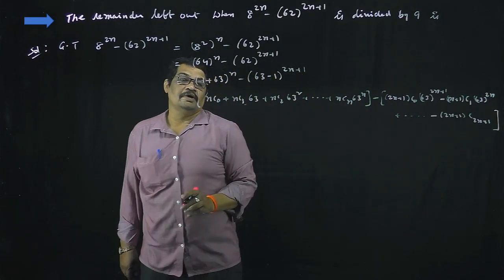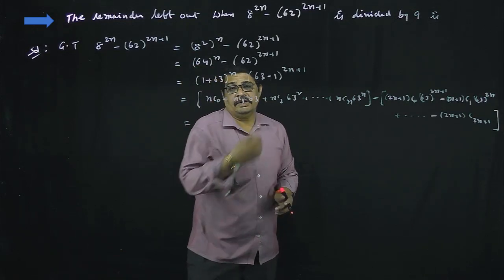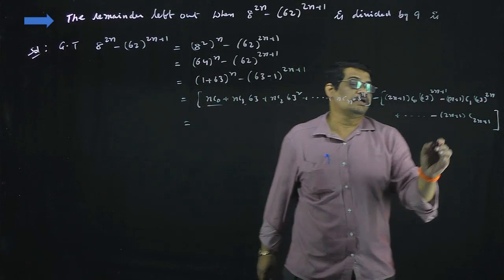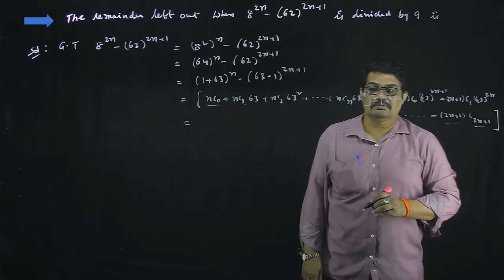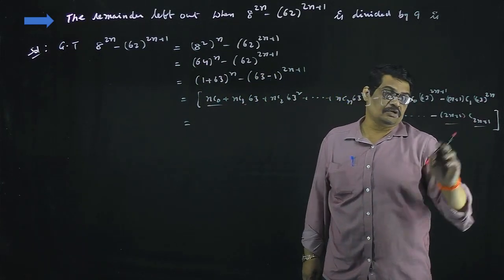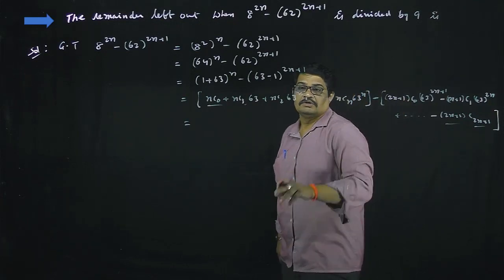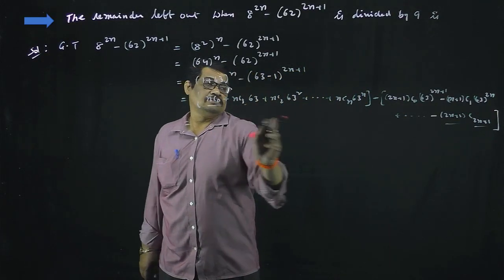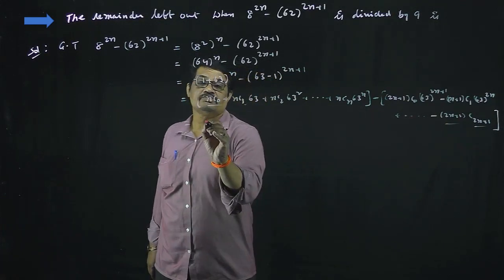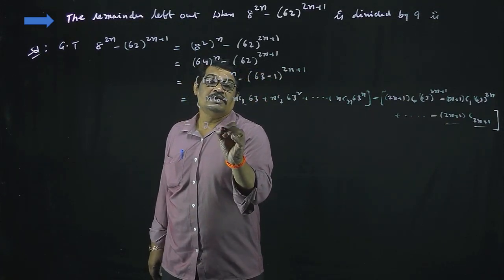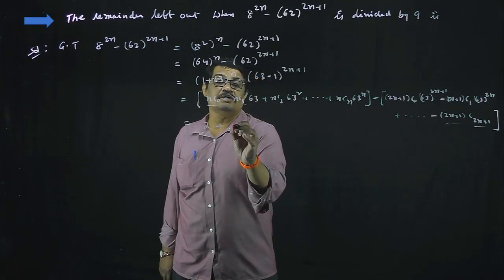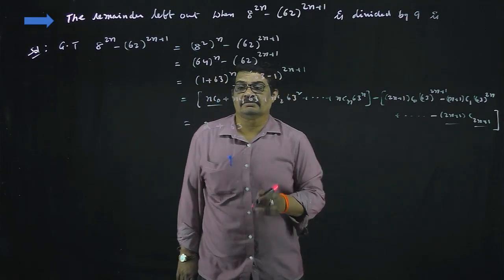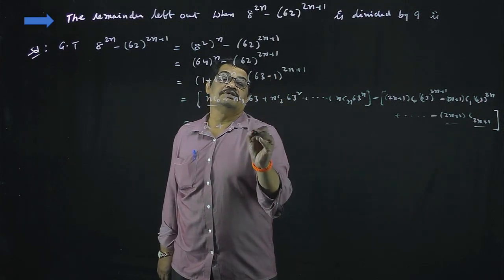Now nC0 is 1, and 2n plus 1 C 2n plus 1 is also 1. Here minus of minus is plus. Here 1, this is also 1. This 1 plus 1 we take as 2. In the remaining terms, all terms have the factor 63. So now we take 63 common.